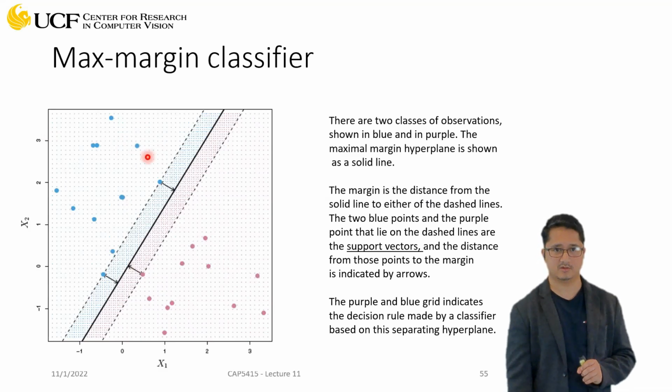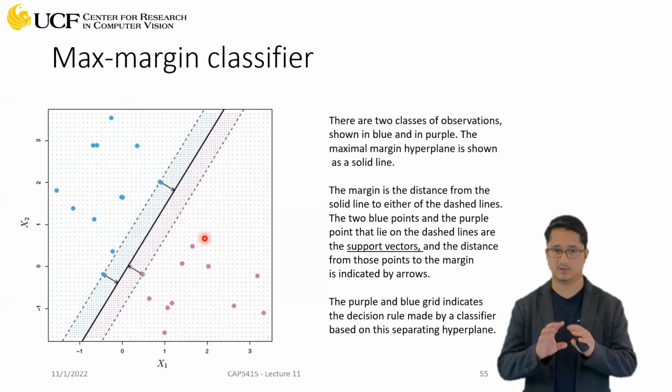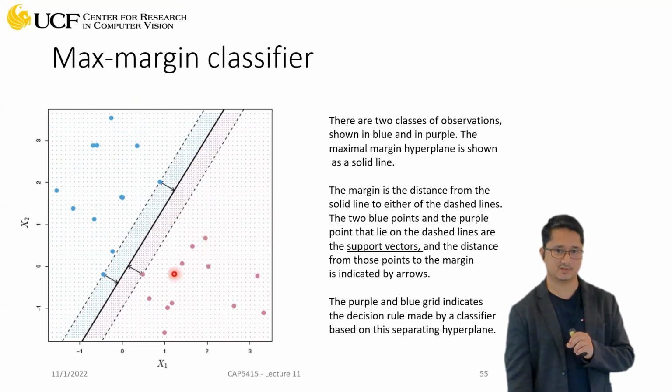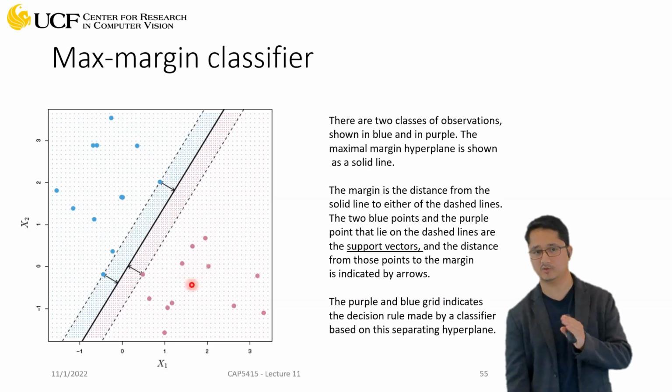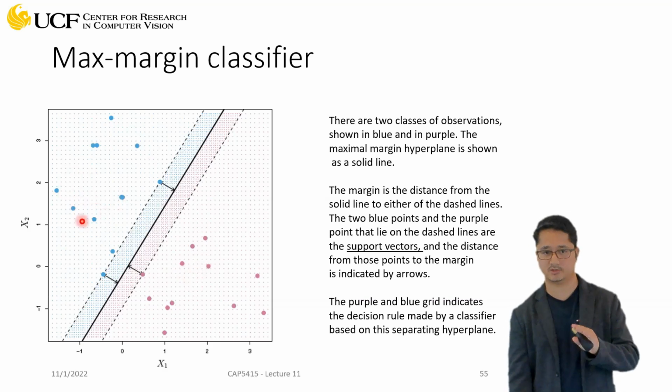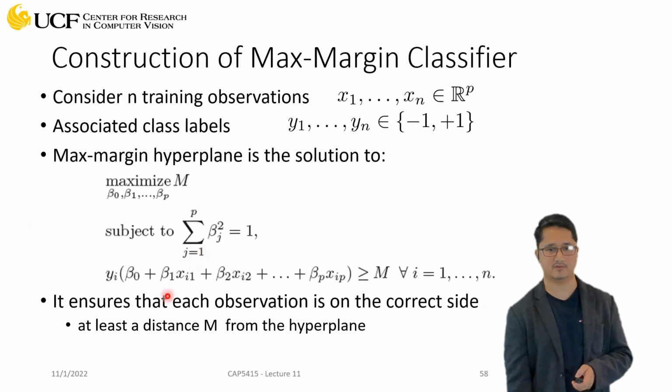Let me go over one more step. If this is a hyperplane, and we use this training sample and put it in this equation, it will give you a negative value. If you put these points over here, these coordinates, it will give you a positive value. So what we want is to satisfy the constraint that this margin should always be towards the right. All purple dots should be towards the right, and all blue dots should be towards the left. That's the constraint we have here.